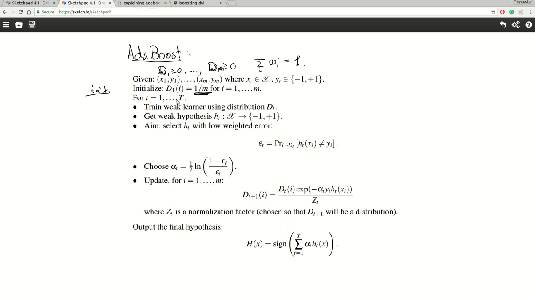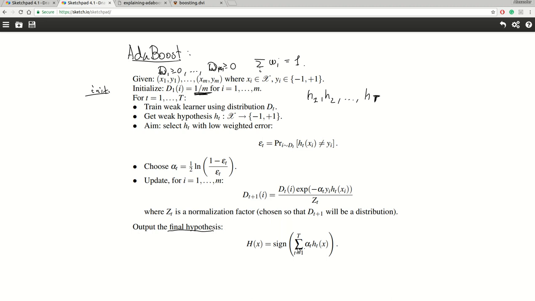Then we'll have capital T steps, and the idea is that in each of these steps we'll learn a hypothesis h_t. So we'll learn hypothesis 1, hypothesis 2, and then hypothesis capital T. And then what we want in the end is to combine all of these hypotheses into a final hypothesis.